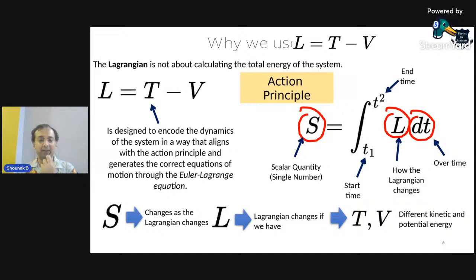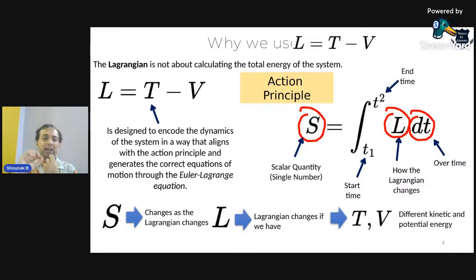And the value of S, which I have written at the bottom, I could have got a board and written those things, but anyway, the value of S, which is the action, changes if we get a Lagrangian which also changes. And the Lagrangian changes when we have different kinetic and potential energies. So L is how the Lagrangian changes, and dt is the differential in time.